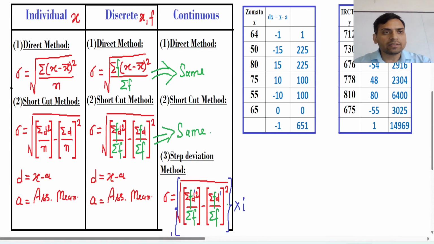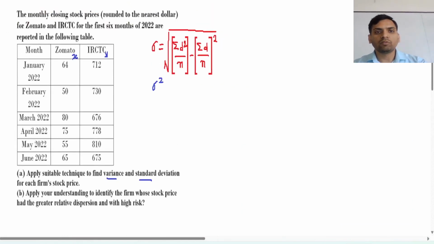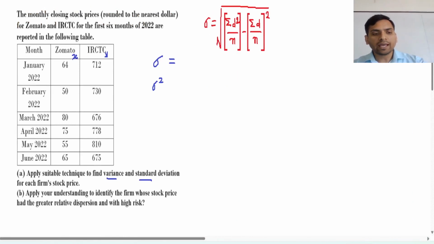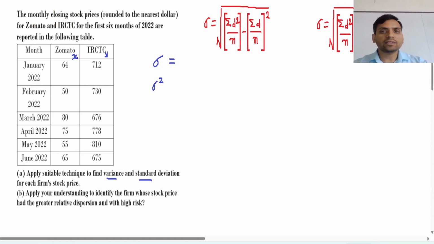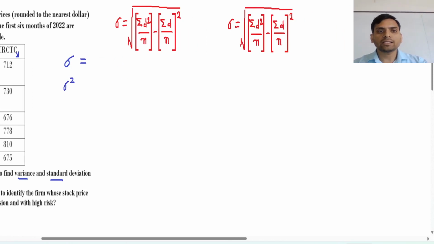We will apply this formula to find standard deviation and variance: the first formula for standard deviation of X, sigma X, and the second for standard deviation of Y, sigma Y. These use summation dx square, summation dx, summation dy square and summation dy.